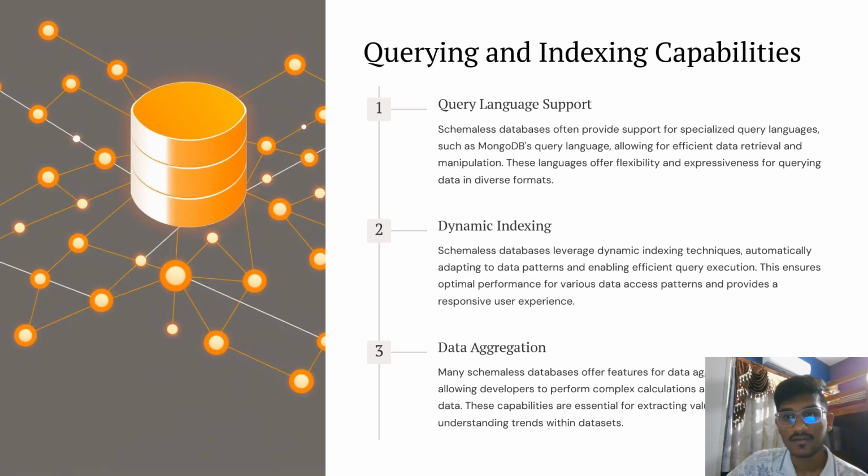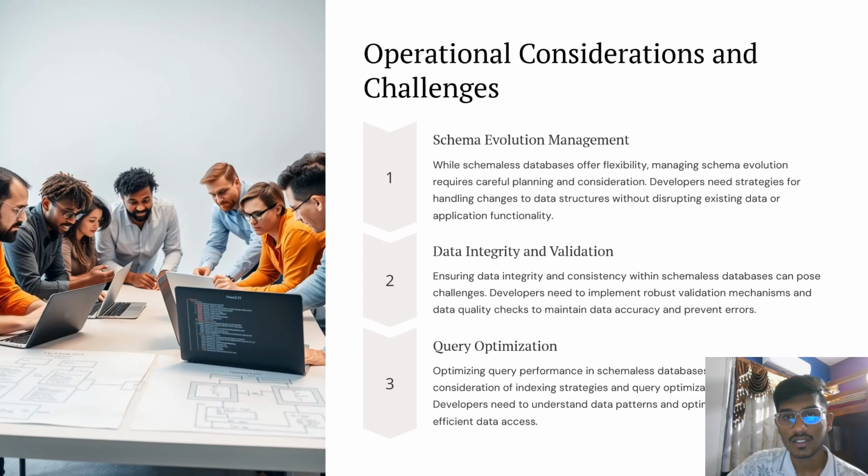And next slide, we have the considerations and challenges. The first one is schema evolution management. So basically, with new nodes coming in, we should make sure that the relationships are efficiently mapped to the existing data without disrupting the existing relationships and functionalities. Data integrity and validation: these databases can pose some challenges in the form of data integrity.